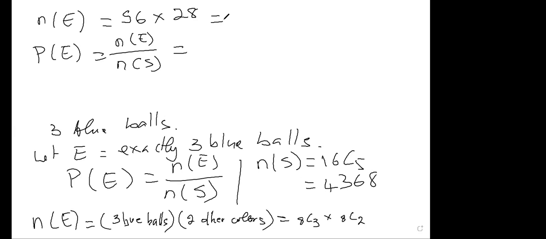Now, what is 56 times 28? 1568. With this type of number, it's better to express it in decimal.